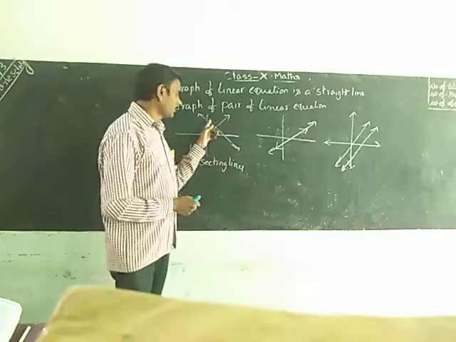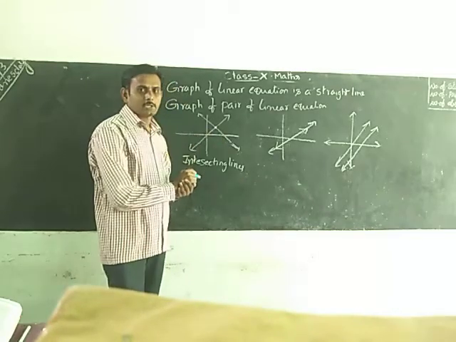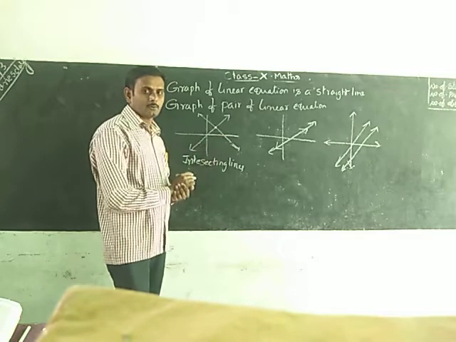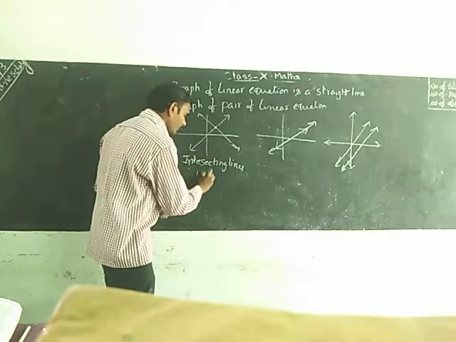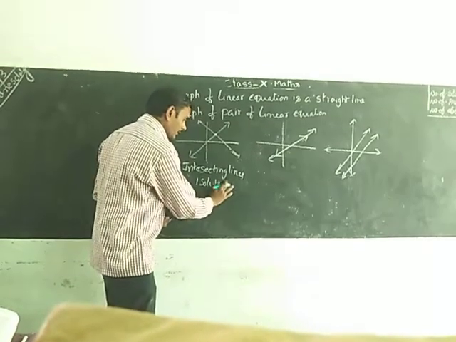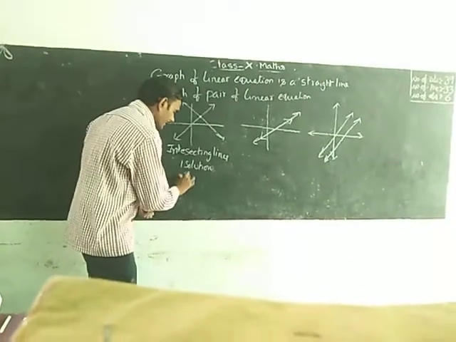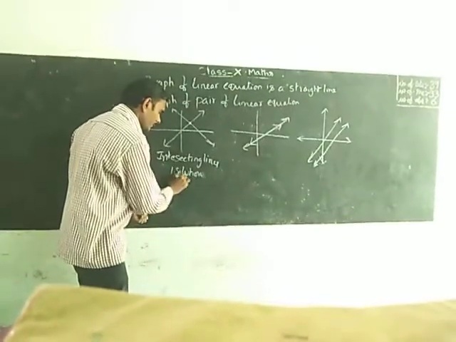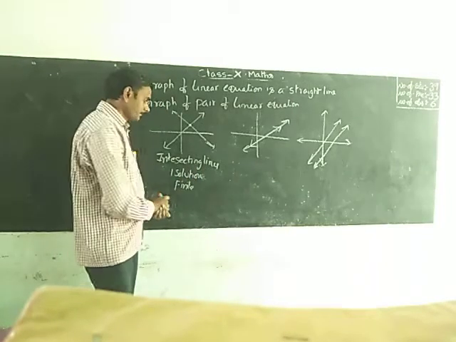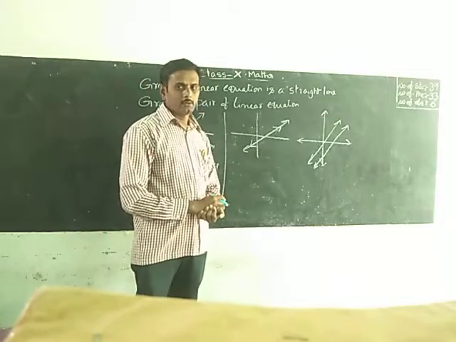If you take two linear equations, the common point is taken as the solution. That means only one solution is possible. This one solution you can call a finite solution.